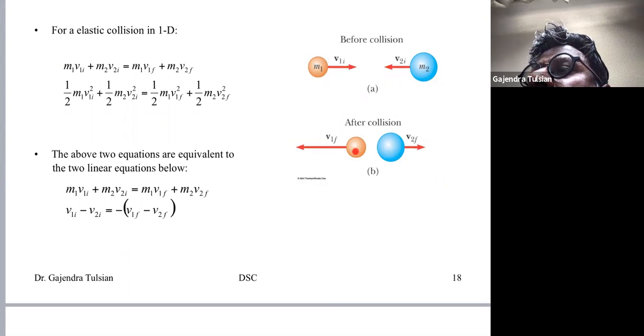After the collision, you bounce off, and if you're sitting on him, this guy will appear to move away at 15 meters per second. So if you were sitting on him and looking at the collision, he's coming at you at 15 meters per second, and after the collision, he goes away at 15 meters per second. That's what this equation is telling me. Again, this will only work for elastic collisions in one dimension. So remember that.